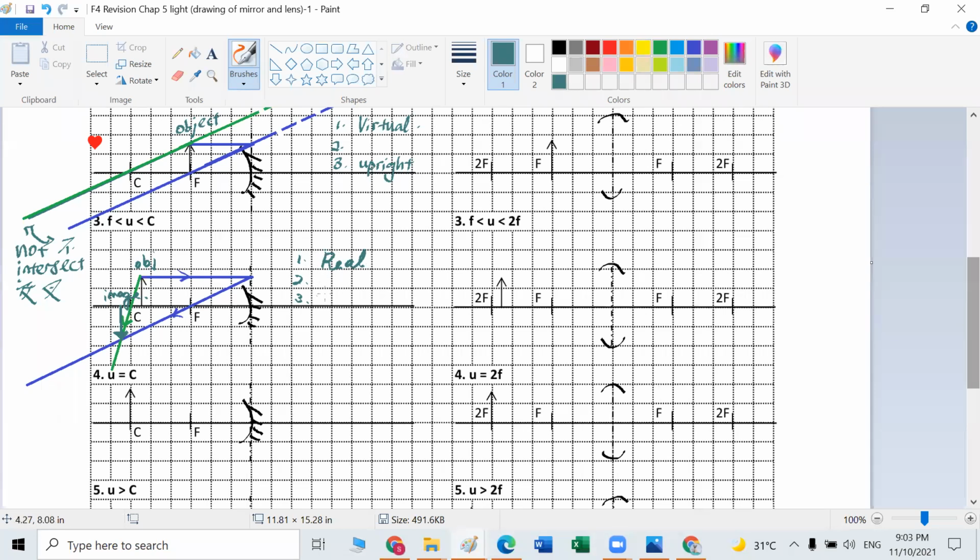So normally when it's real, it will be inverted. What is inverted? The direction opposite to each other. The direction of object and image opposite to each other, inverted. And it's magnified. Actually, it's a little bit more than half of the grid. So it's magnified.